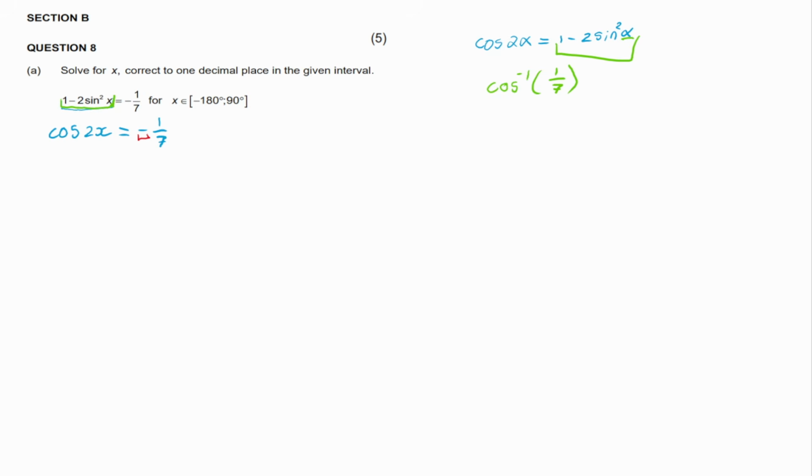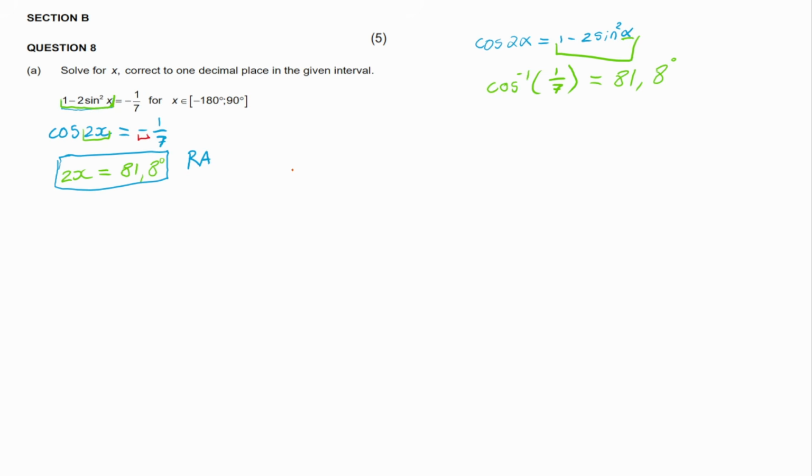If I do that, we get 81,8 degrees. This is our reference angle. So we have 2x is equal to 81,8 degrees. I like to put a box around this, and we call this our reference angle. That step I just did is really important.